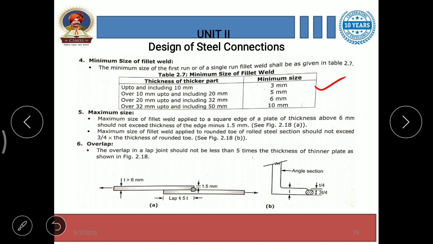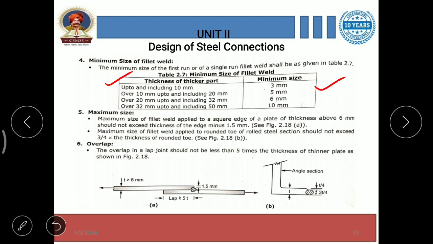Thickness of thicker part up to and including 10 mm.